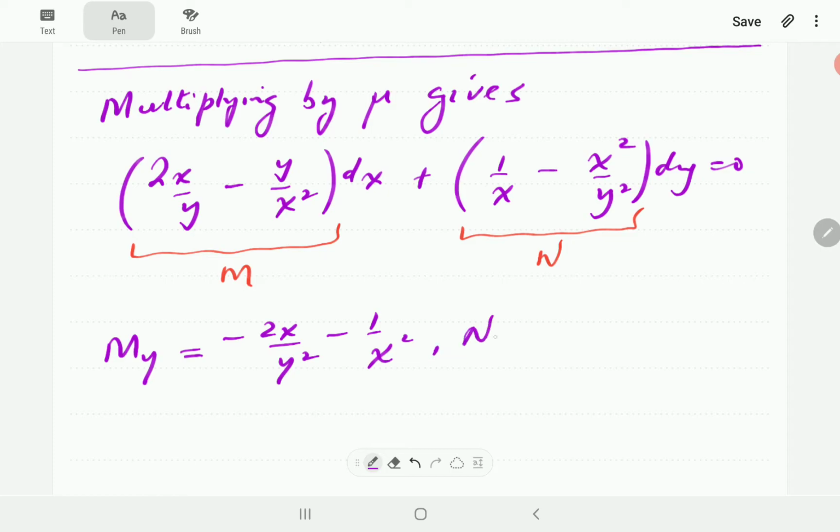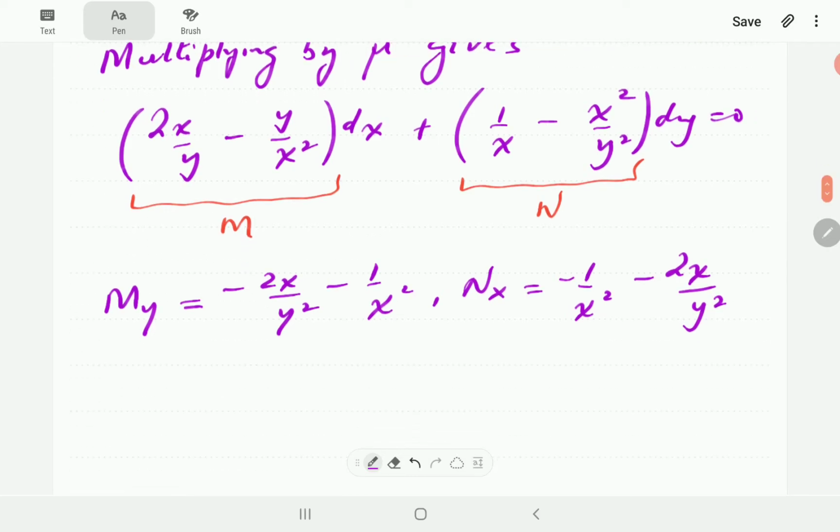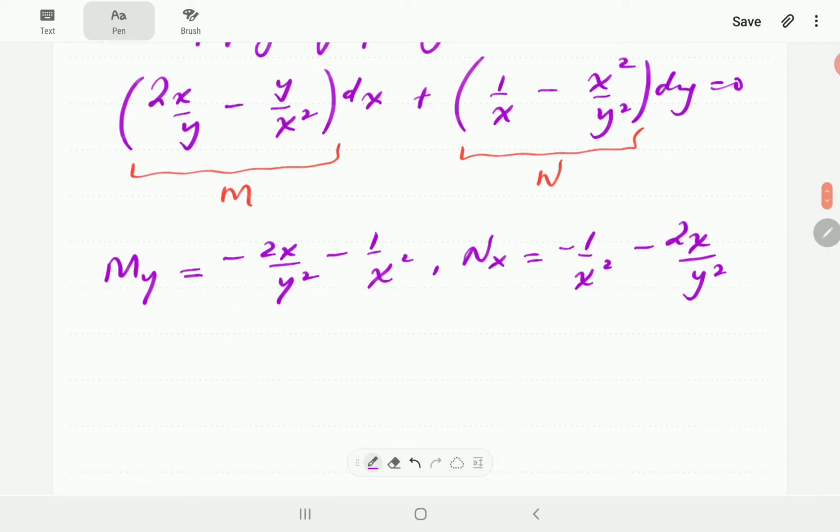Then the derivative of N with respect to x: the derivative of 1 over x is negative 1 over x squared. The derivative of x squared in the second term is 2x. And as you can see, M_y is equal to N_x.